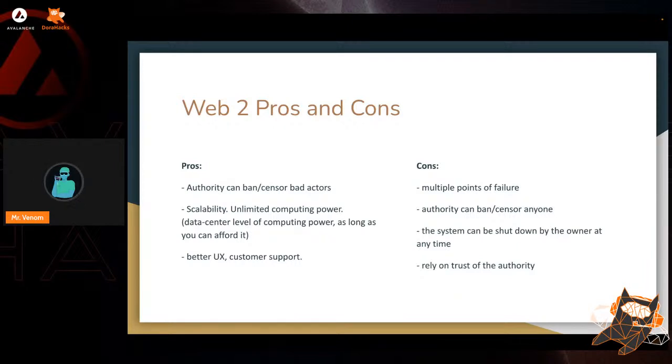And the cons: in terms of system architecture, because everything is centralized, there is a single point of failure. For example, your system can be down if a data center like AWS has some outage. That's not a good thing. The second thing is the authority, basically the company, can decide to ban or censor anyone if they want.